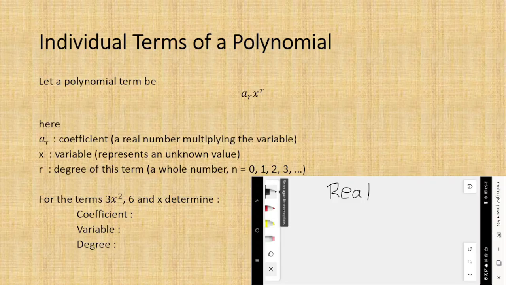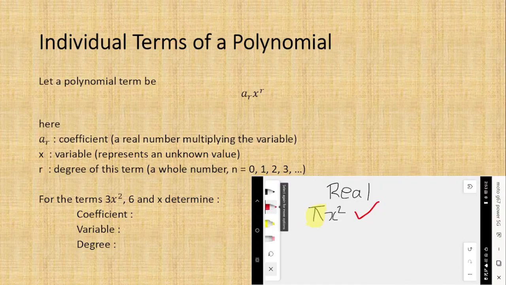If I have a term pi x squared, is it valid? Of course it's valid, because here the coefficient is pi. Pi is an irrational number, but it is a real number. So this is a perfectly valid term.